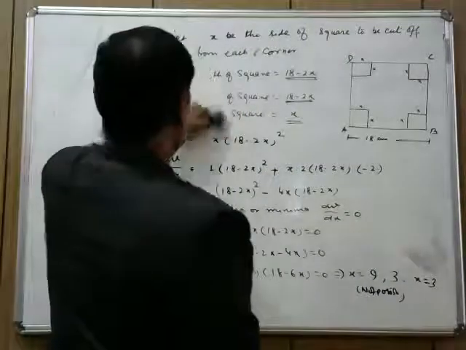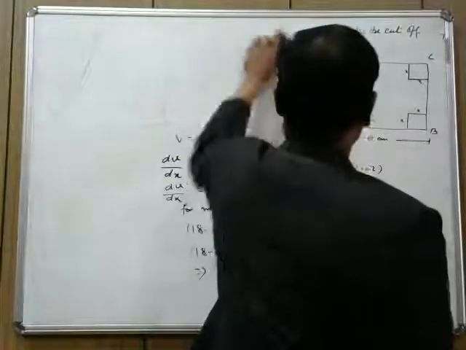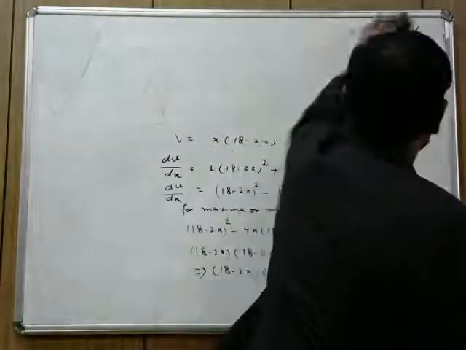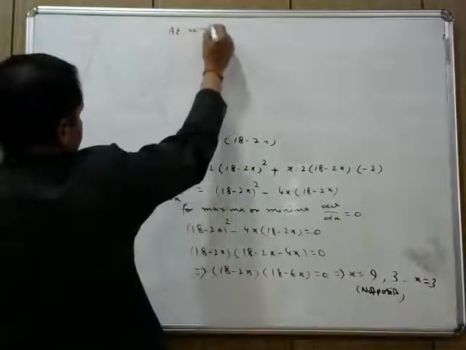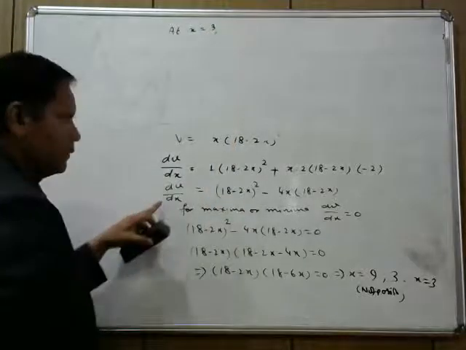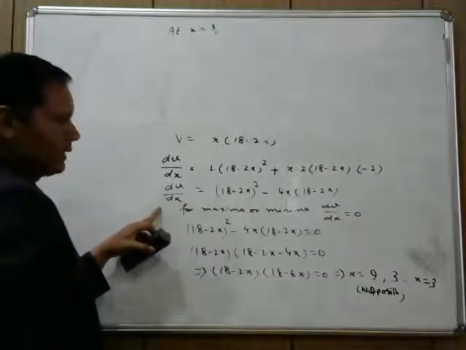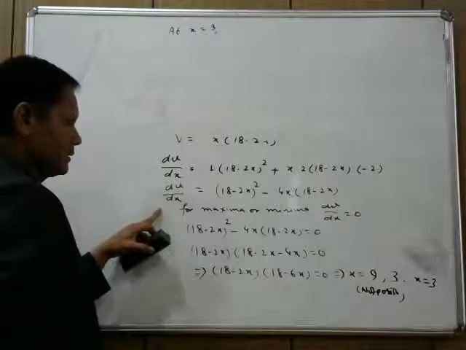Okay, now see the final part of this question. At x is equal to 3, we will double differentiate and check whether it has maximum or minimum.